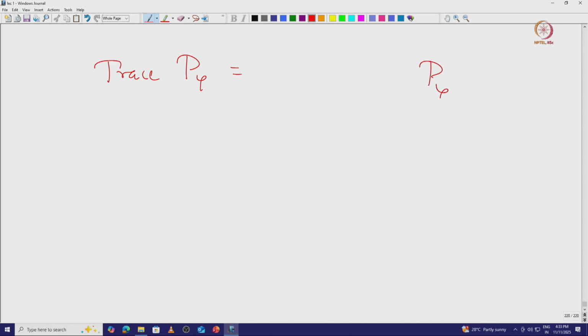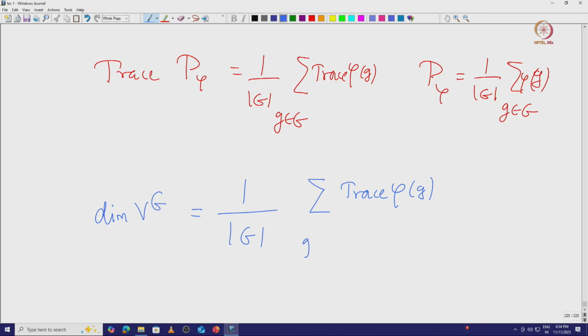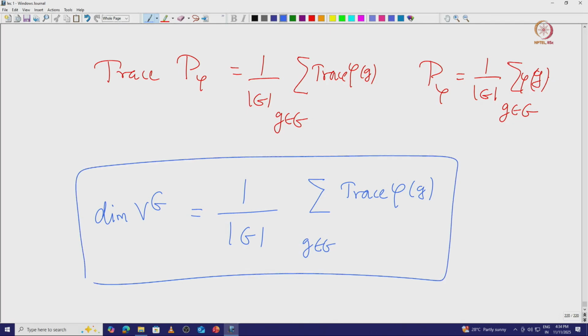So, note that P phi is nothing but the average of all the actions of this g in G. So, in particular the trace of P phi is going to be 1 divided by the cardinality of G, summation of the trace of phi g, g in G. So, putting them together you can see that the dimension of this fixed space can be computed using this quantity, where you take the sum of all the possible traces of phi g and then take 1 divided by the cardinality of G. So, that is going to be the fixed space dimension.